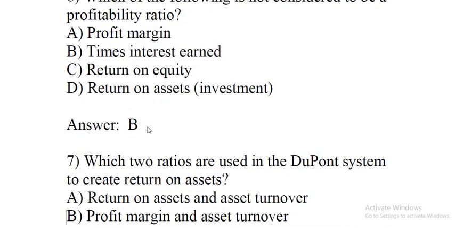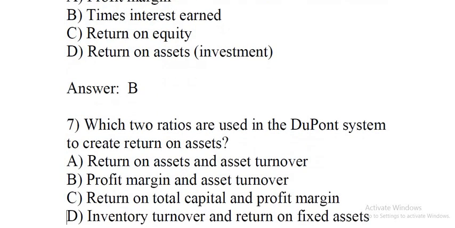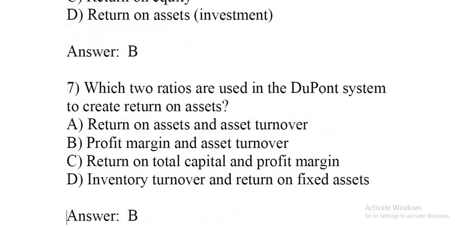Which two ratios are used in the DuPont system to create return on assets? A. Return on assets and asset turnover, B. profit margin and asset turnover, C. return on total capital and profit margin, or D. inventory turnover and return on fixed assets.